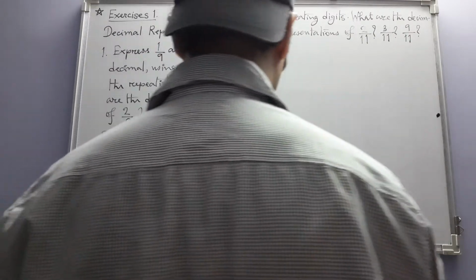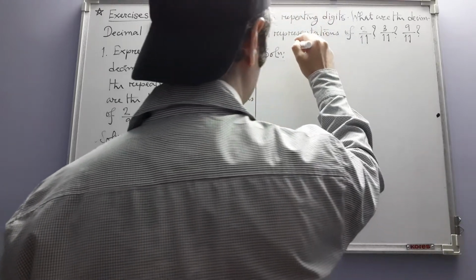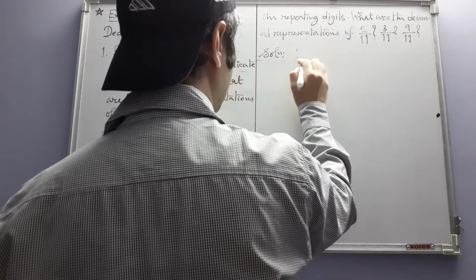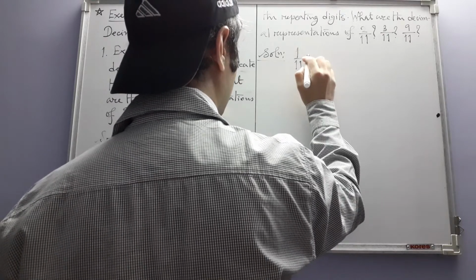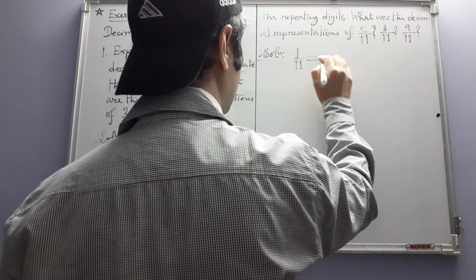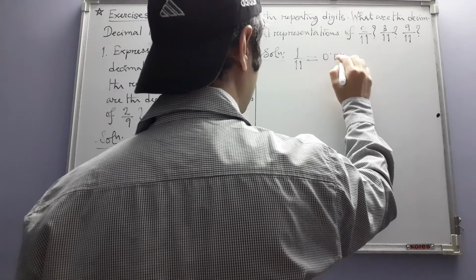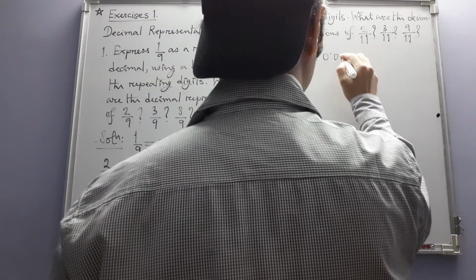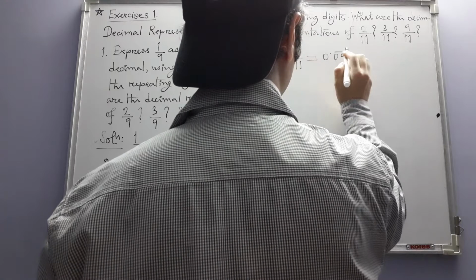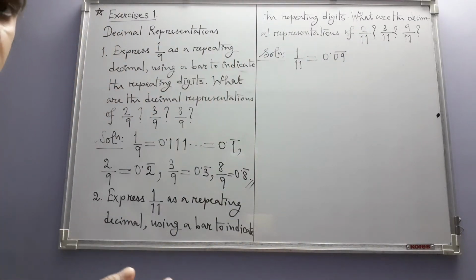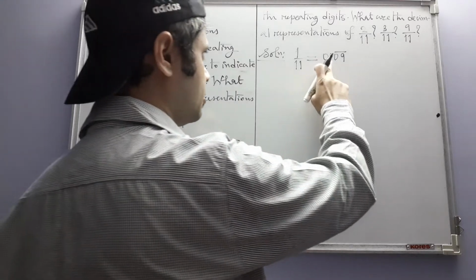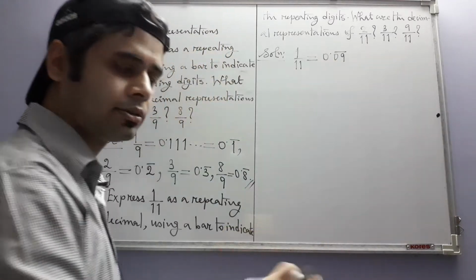So in this case, the expansions look like this. One upon 11 is 0.09 bar. So 09 is the block of digits that gets repeated. That means this is 0.090909 and so on.